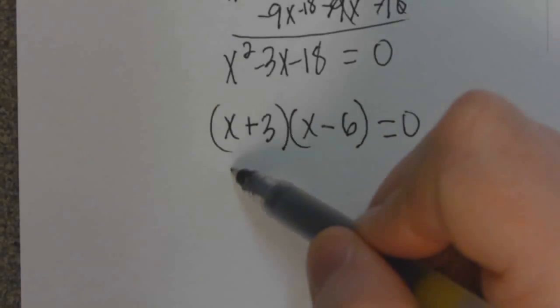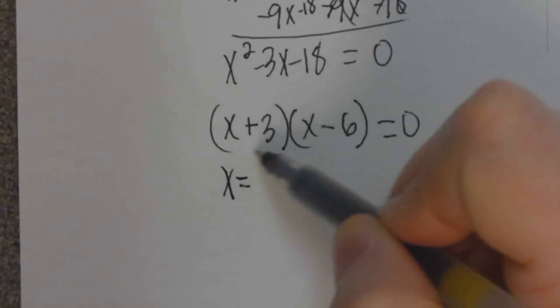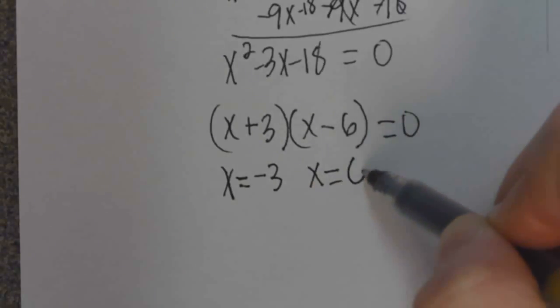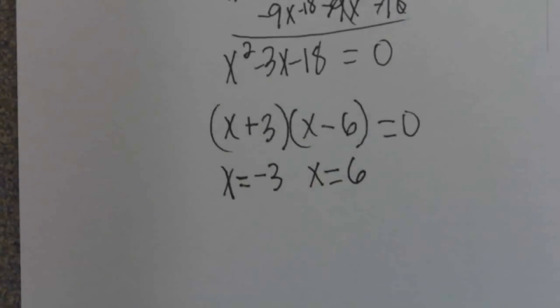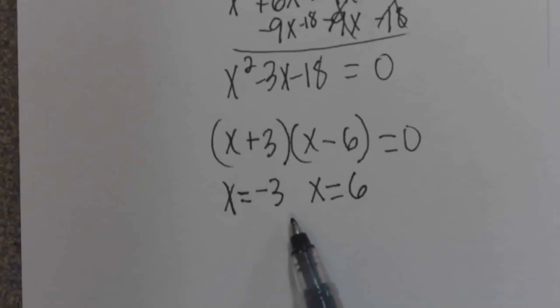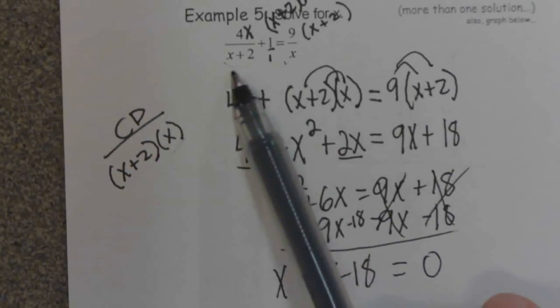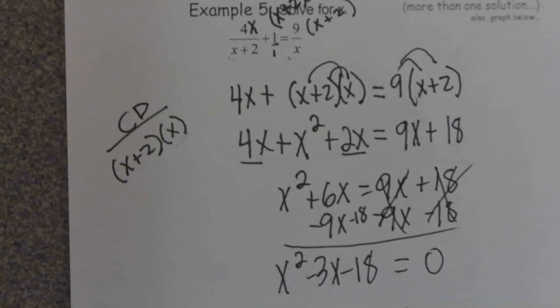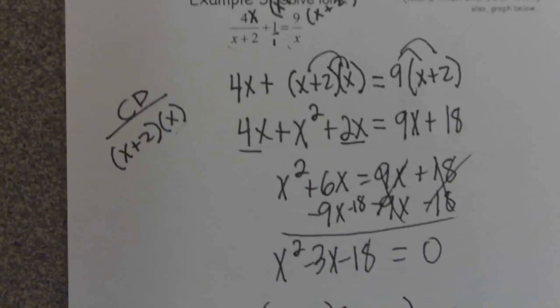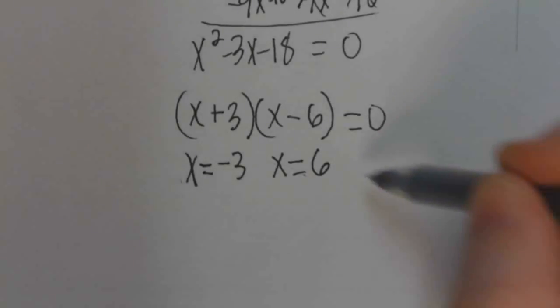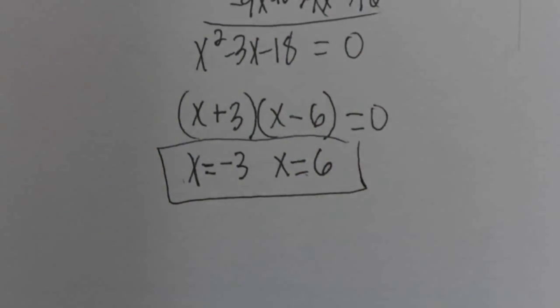Okay, bring those out for me. X equals negative 3. X equals positive 6. Will you go back and check to see if those are going to matter on my bottoms? No. Austin says no. What do the rest of you think? They don't make the bottom 0, so I'm good. These are both my solutions.